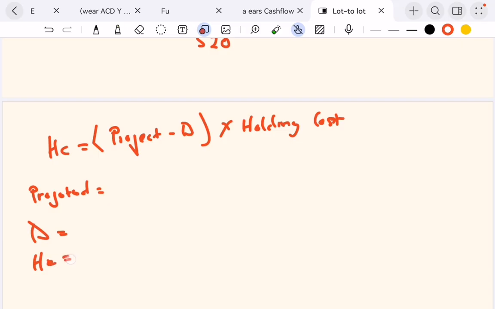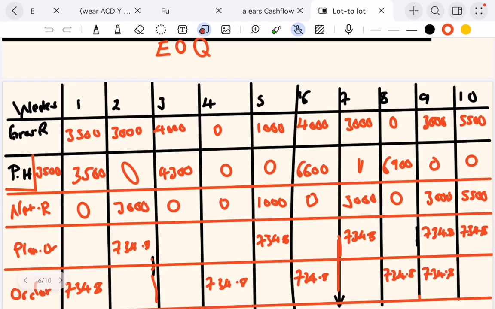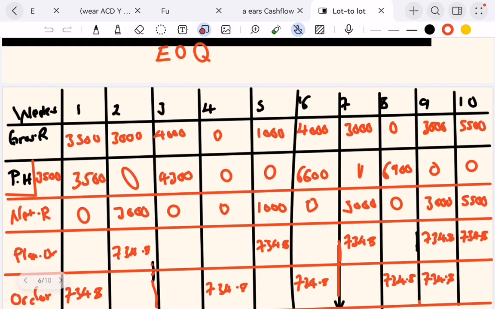So the projected, we calculate this projected. Remember, this 3,500 was projected, we don't calculate it, but we start from this. So we calculate all these numbers here on the projected. Remember there we had 0, 0, 0, 0s. So here we need to calculate these numbers.